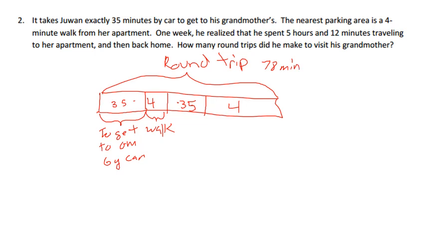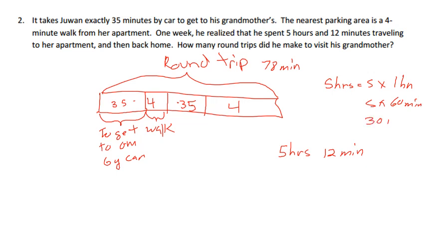Now it says that in a week, he spent 5 hours, 12 minutes. Well, first off, I need to convert all these to minutes. So I know 5 hours equals 5 times 1 hour. 1 hour equals 60 minutes. So now I've got 5 times 60.